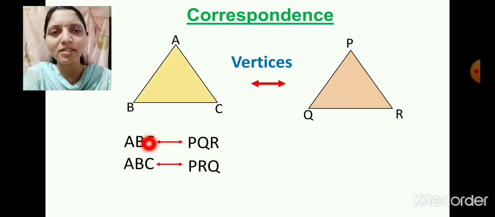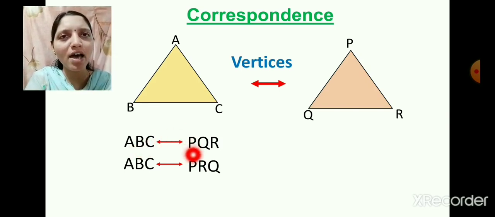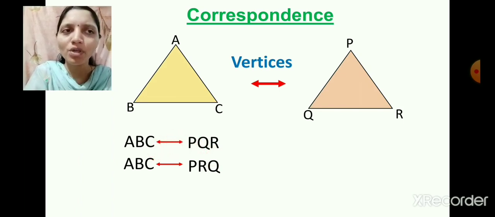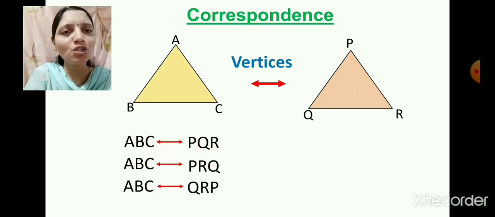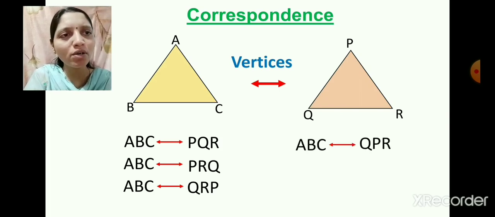Yes, this tells us that vertex A corresponds to vertex P, vertex B corresponds to vertex R, vertex C corresponds to vertex Q. Similarly, we can show the correspondence of vertices ABC to vertices QRP. Vertices ABC can also correspond to vertices QPR.